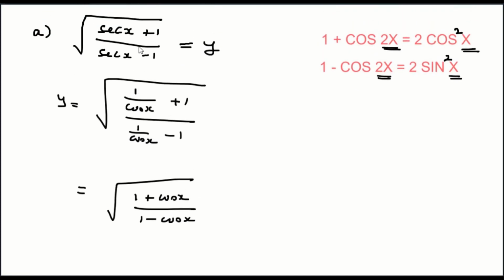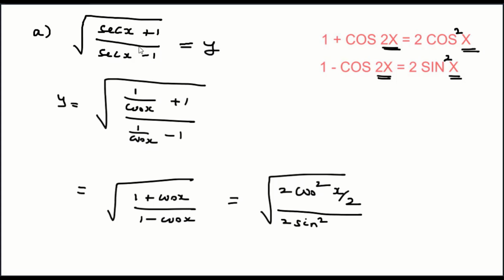So it looks like 1 plus cos 2x. Instead of 2x, here it is x. So I can rewrite this as 2 cos square, whatever is here, half of that. That is what the formula shows. So it is 2 cos square x by 2. Similarly, 1 minus cos 2x is 2 sin square, whatever is here, half of that.